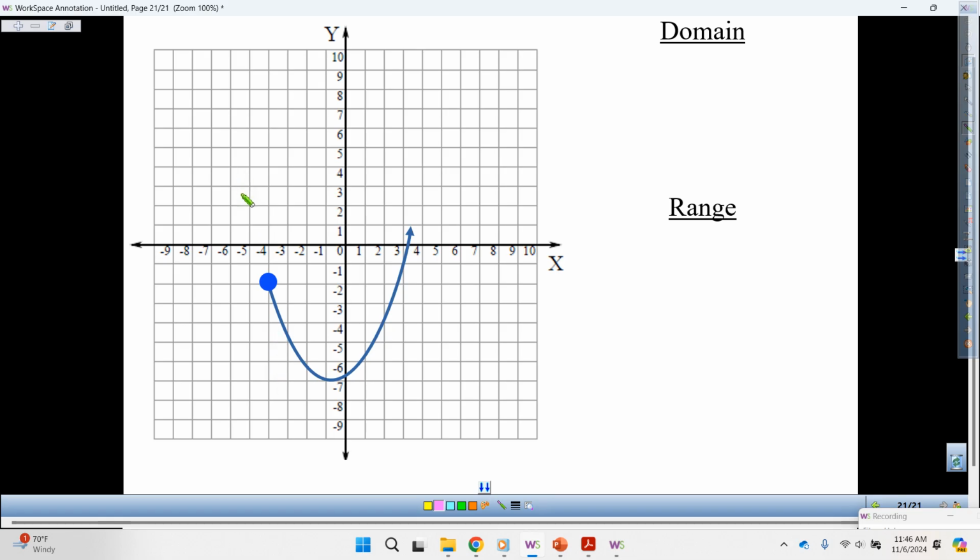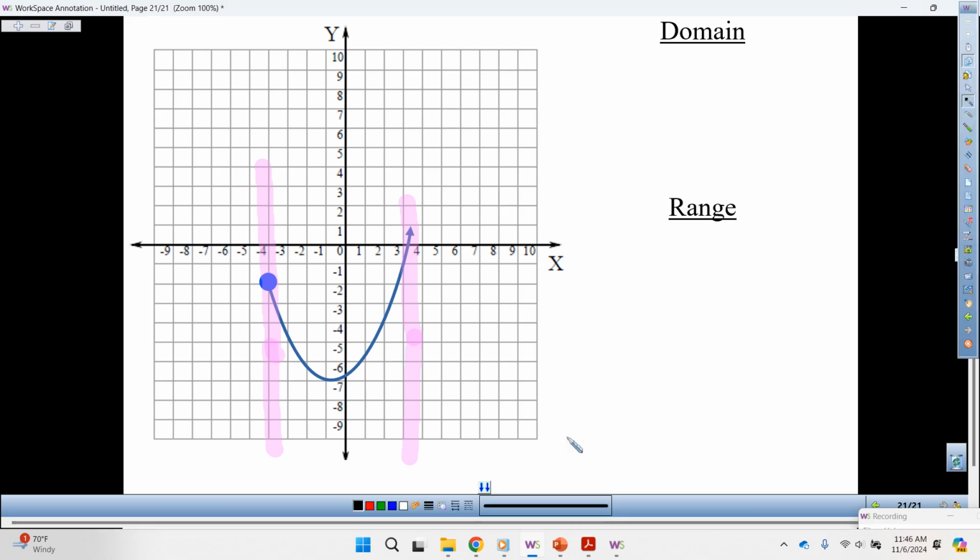From -4? Okay, from -4 all the way to what? To 3 is right here, but it looks a little bit more. Let's say 3.5.